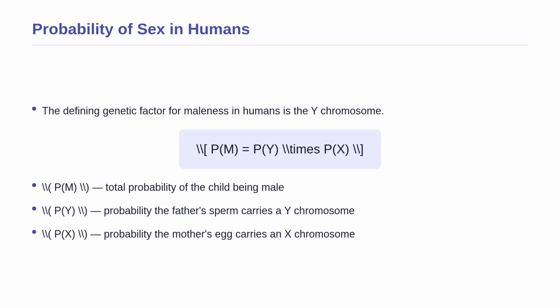P(M) is the total probability we want to find. P(Y) is the probability that the father's sperm carries a Y chromosome. P(X) is the probability that the mother's egg carries an X chromosome. If the father's probability of passing a Y chromosome increases, the overall chance of having a male child increases.